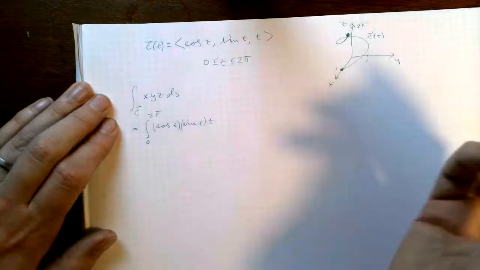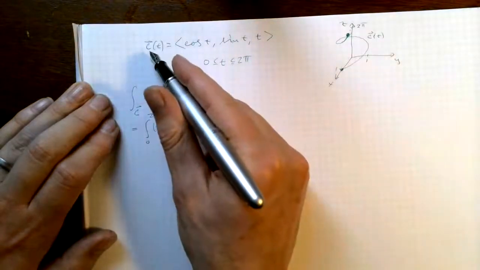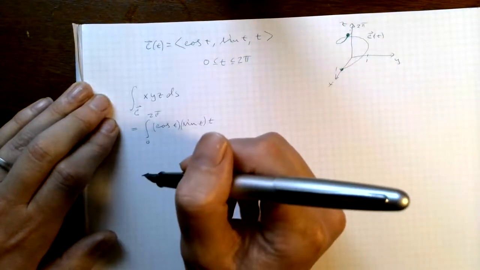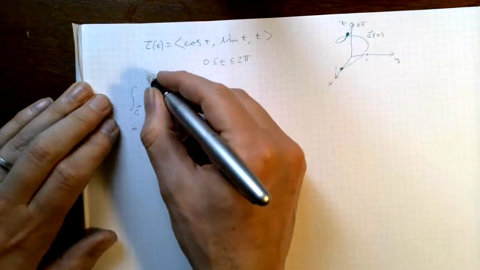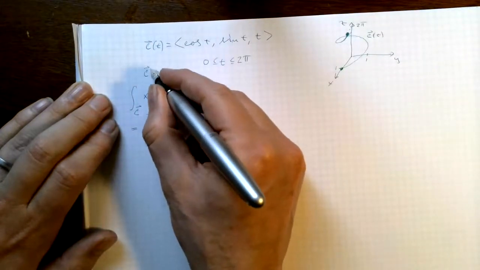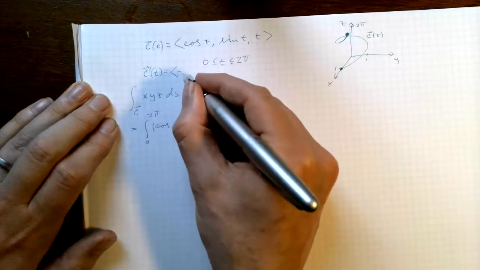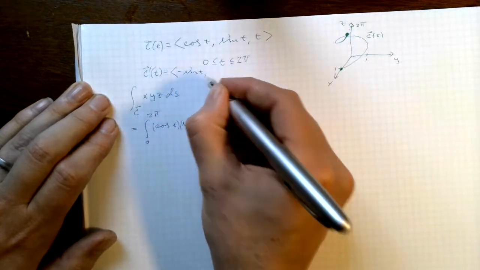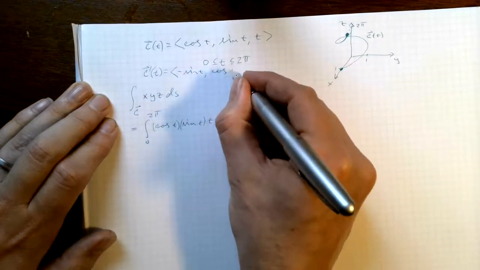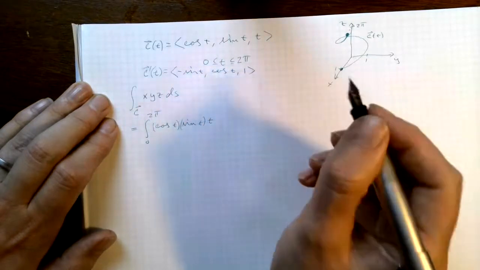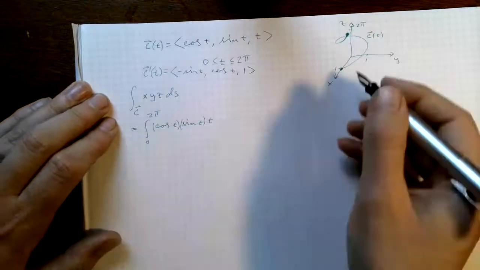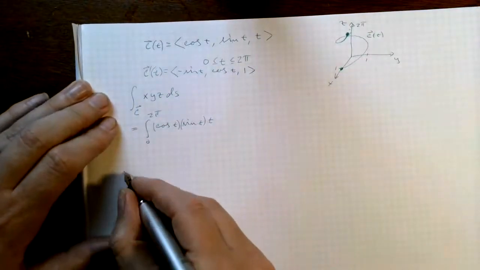Well, we need to compute what the speed is. The velocity is minus sine, cosine, 1. I'm running out of room over here, so maybe we do it here.